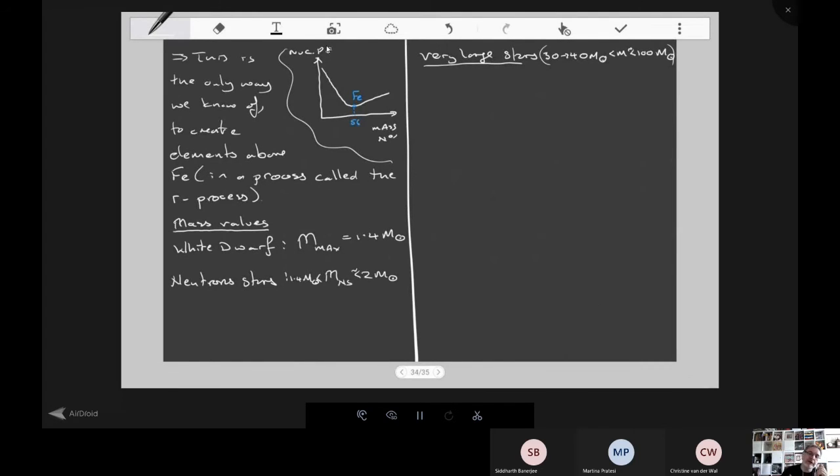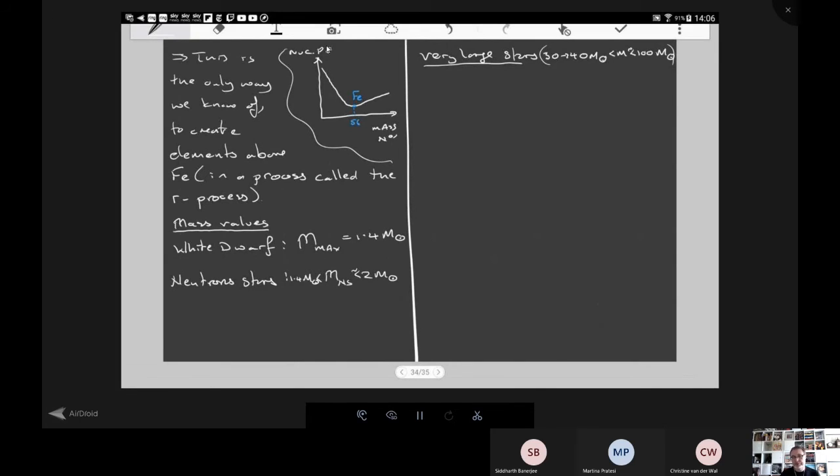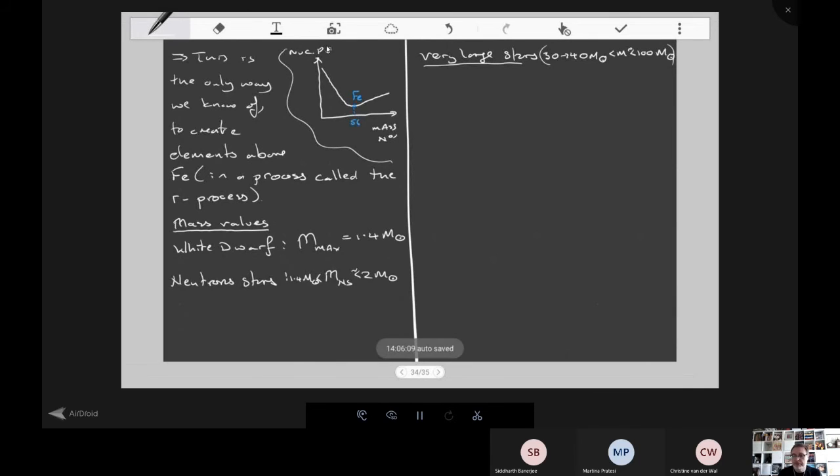Now, if you look in textbooks, if you look on the web for the size of different stars, you will see that there are lots and lots of examples of stars that are over 100 solar masses. And there's two main reasons for that.